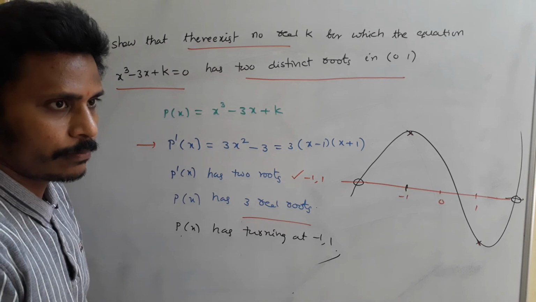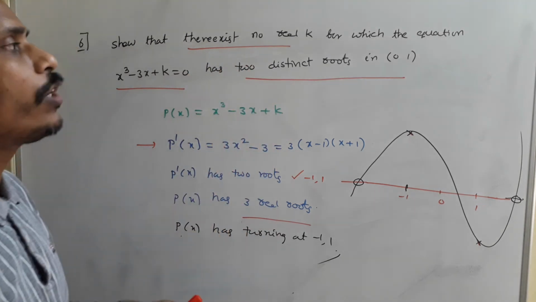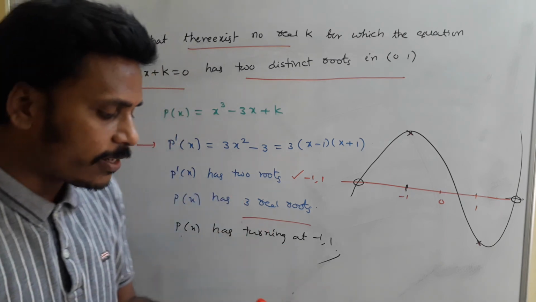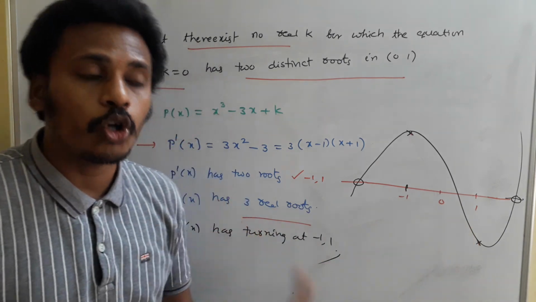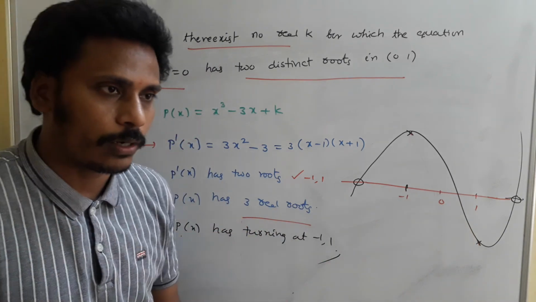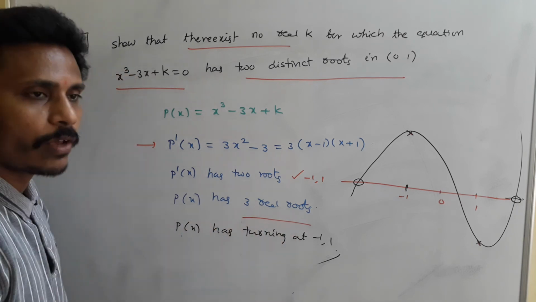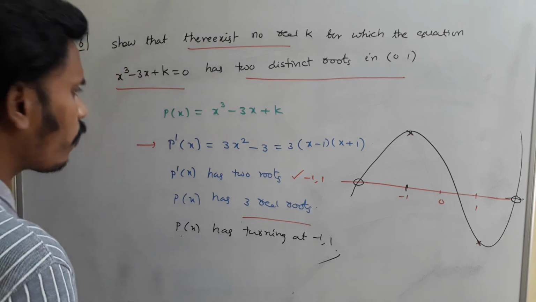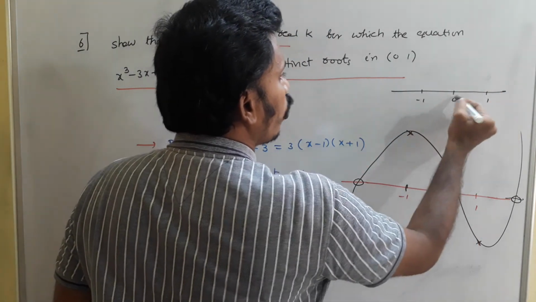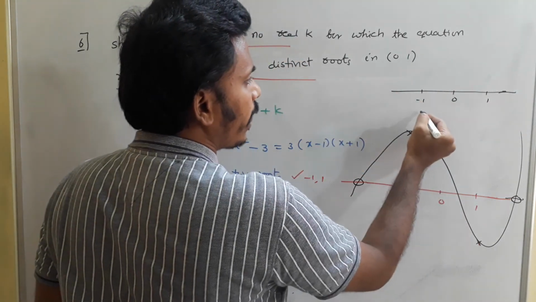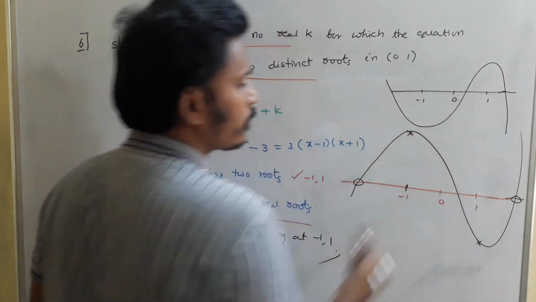That's the statement. So there exists no real k for which the given polynomial equation has two distinct roots in between 0 and 1. There is a possibility of getting one root in between 0 and 1, but there is no chance to get two roots in between 0 and 1. Just observe the graph. We have two turnings at -1, 1 for P of x. This is one possibility. Or if you go with the other possibility, with -1 and 1 and 0 here, one turning at -1, other turning at 1, maybe the other type of graph is like this.